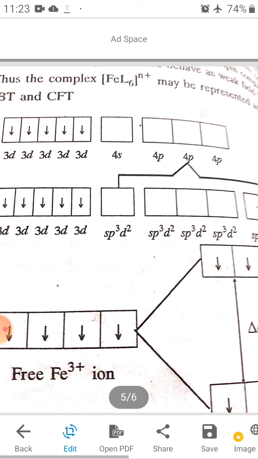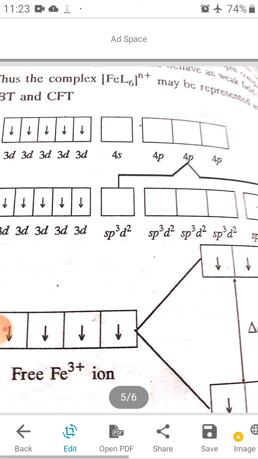Then we have iron, which this type of compound is a high spin complex, and in this type of high spin complex all the electrons are unpaired. The electrons first go to the t2g level and then they go to the eg level. The difference in between the two is delta o.